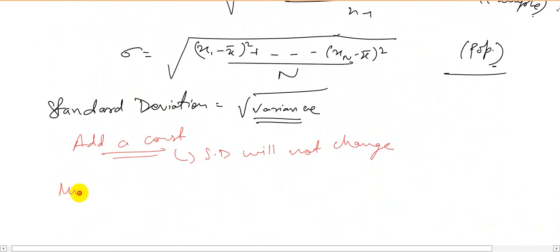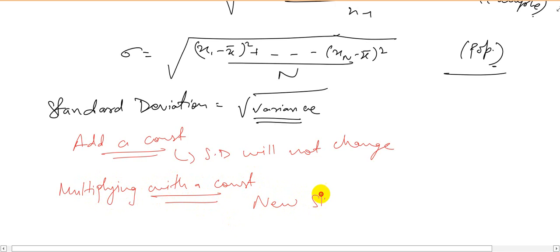And multiplying by a constant is again helpful, because the new standard deviation is equal to c times the old standard deviation.